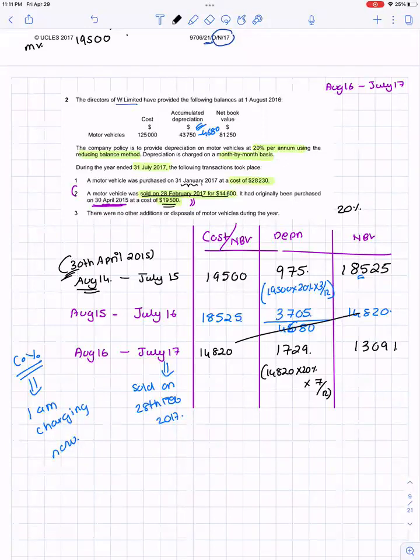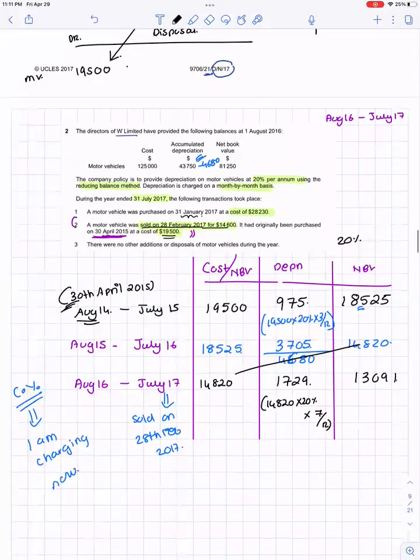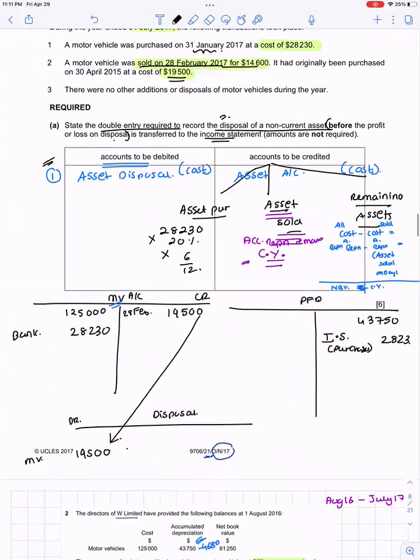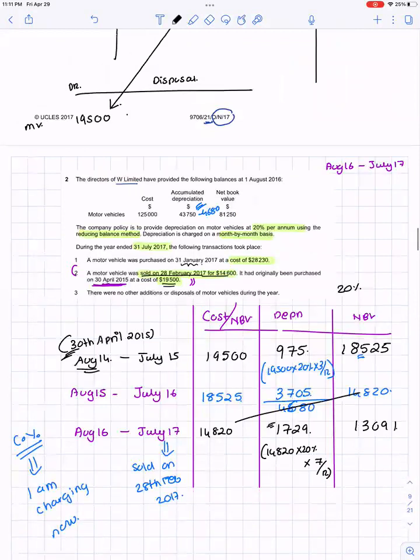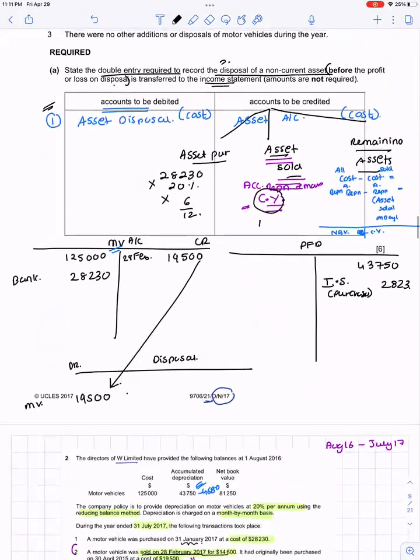Are you with me? So depreciation of the asset sold for the current year is 1729. This is the income statement depreciation for the asset sold: 1729.